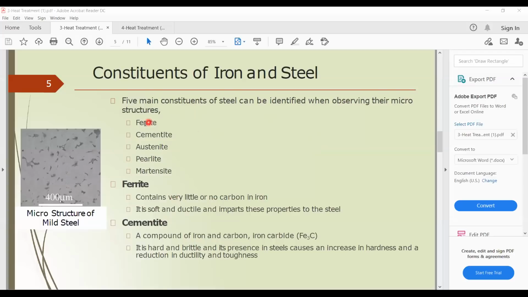It can be ferrite, cementite, austenite, pearlite, martensite. These are the main 5 constitutions.